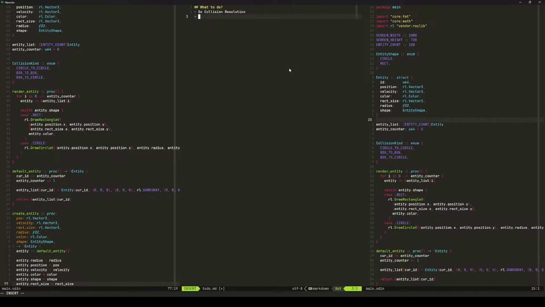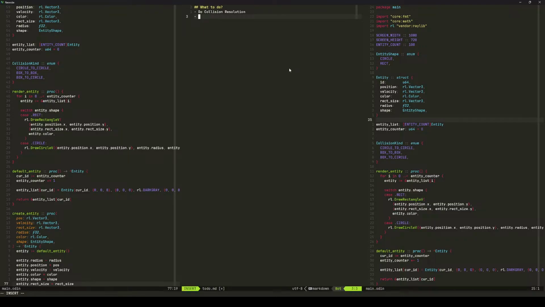Also, it would be much better if I could just click on the screen and spawn random elements, random shapes. The way things are, I'm using very basic collision detection currently.